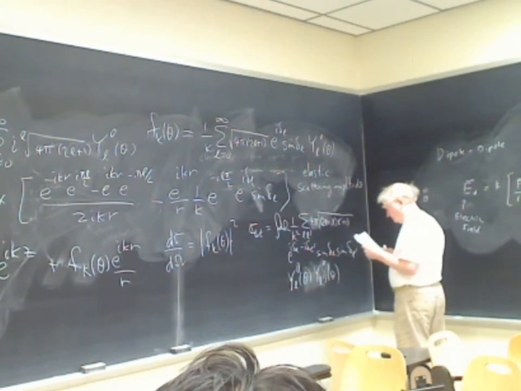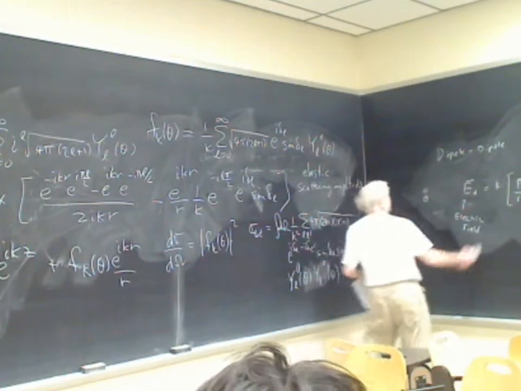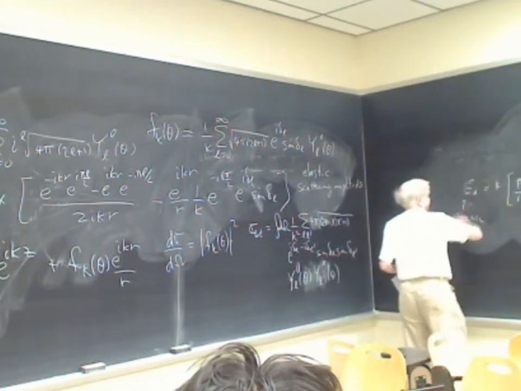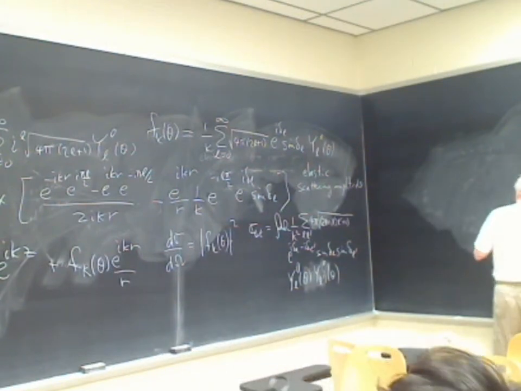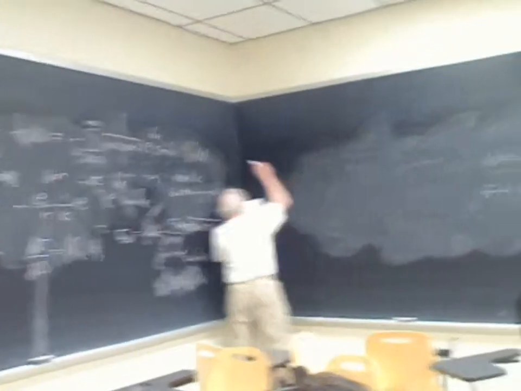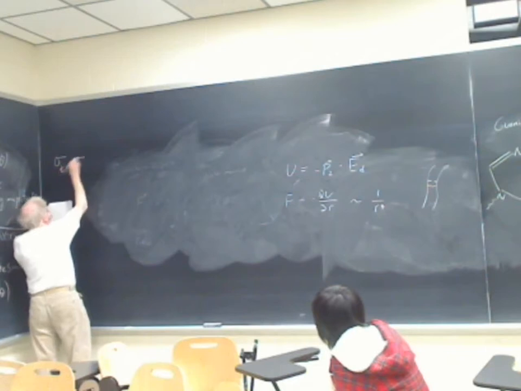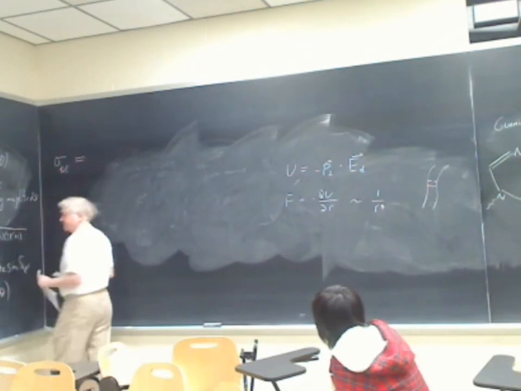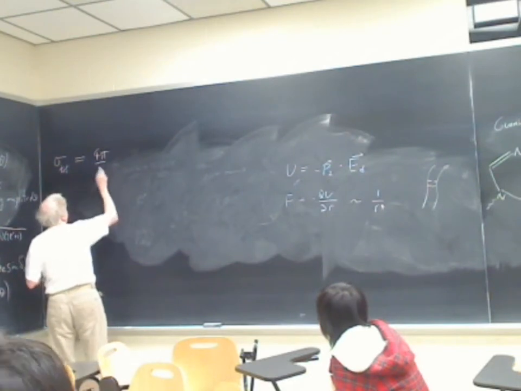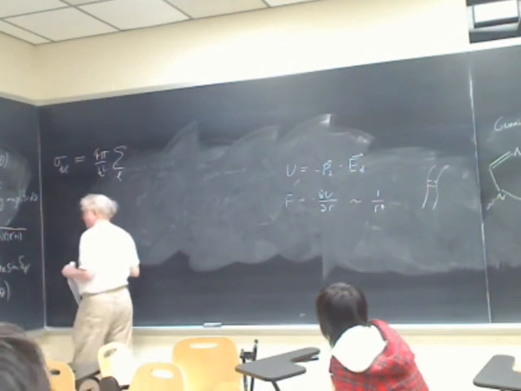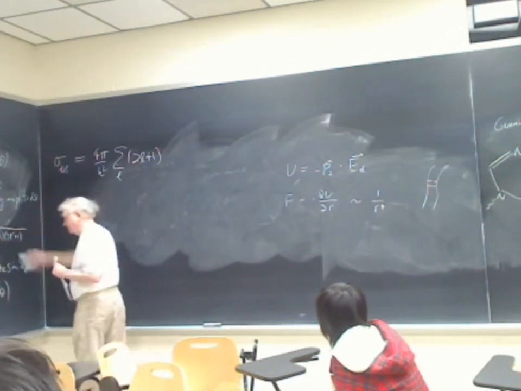And so as a result, the total cross-section is, after you do this integral, 4 pi over k squared, sum simply on L, (2L plus 1) from here.